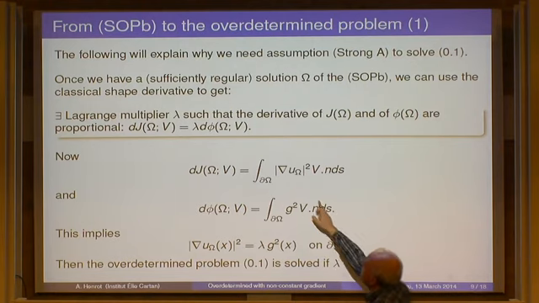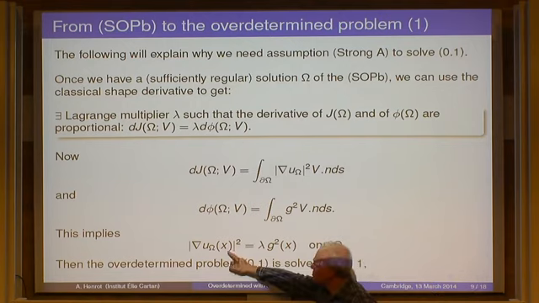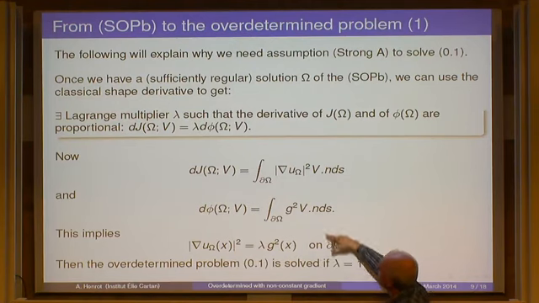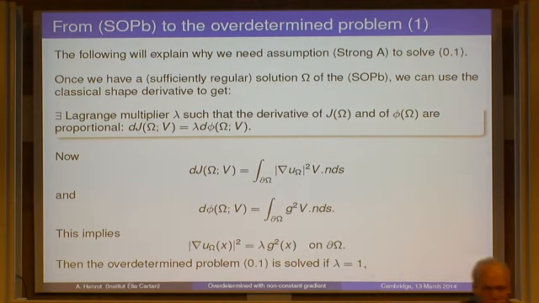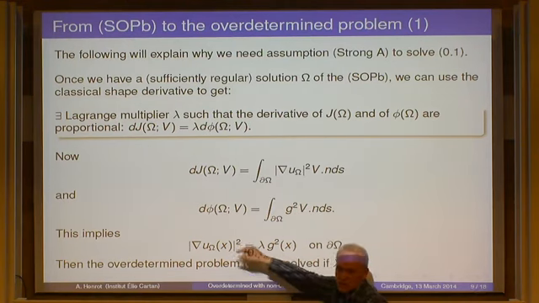The difference is orthogonal to a dense set in L2, so the difference has to be 0. This relation has to hold on the boundary, because v times n, the normal displacement, can take a dense set of values in L2. So the integrand, gradient of u squared and lambda j squared, has to be the same almost everywhere.